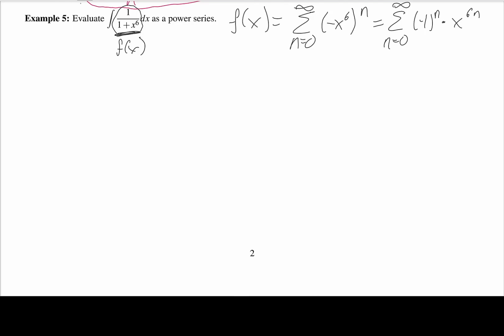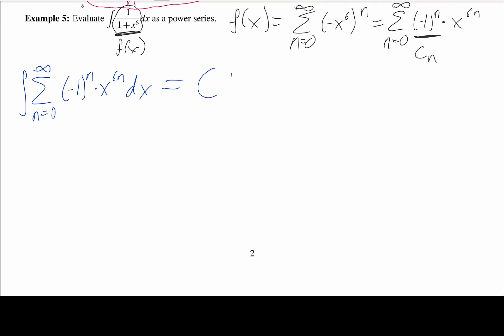Okay, now what I'm going to do here is I'm going to identify my c sub n, so this would be my c sub n, and then we're going to use our integral formula. So we're going to do the integral of our f of x, so this is the integral of the sum from n equals 0 to infinity, negative 1 to the n, times x to the 6n dx.